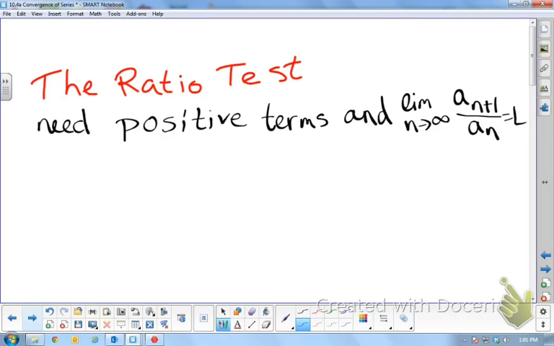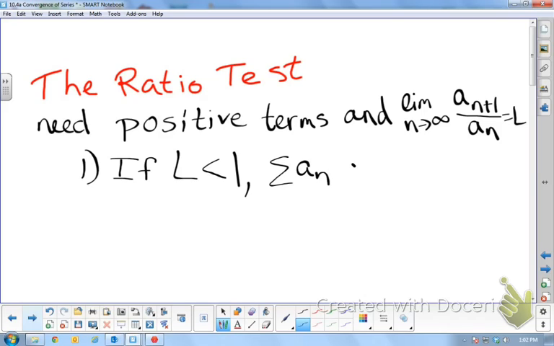All it's saying is we can't have this limit be infinity. If it equals infinity, it doesn't tell us anything. It has to equal a number. So we have three possibilities. If that number, that limit, is less than 1, then the series converges.